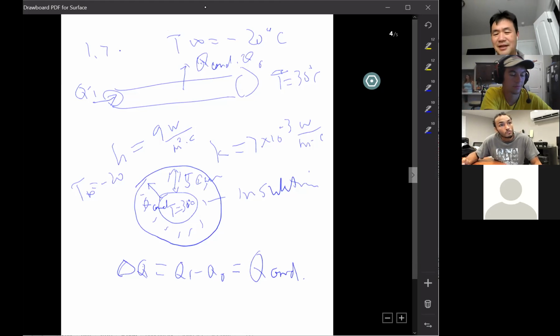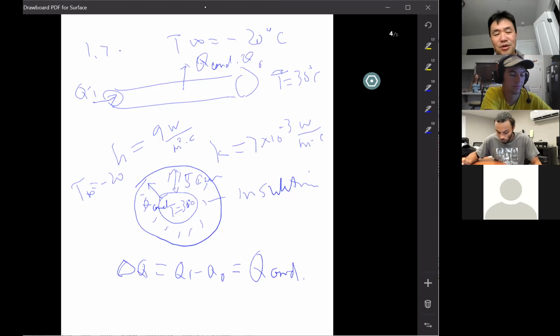There's no direct convection from the oil to the air; you have a conduction separation here. So basically this problem just asks you: what is the Q conduction in the insulation part?